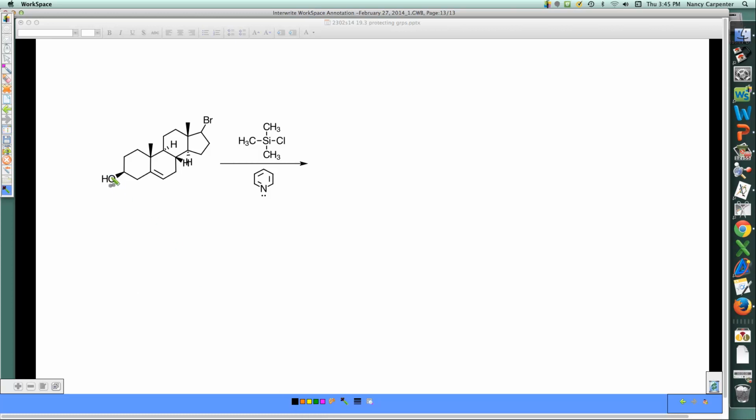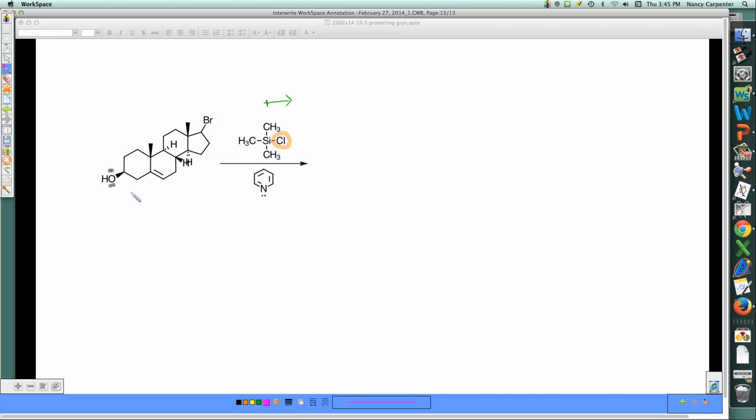So we know my alcohol is the nucleophile, and we're certainly familiar enough with leaving groups and polarity to realize that with this chlorine on here, that's bound to be a leaving group with a polar silicon chlorine bond.